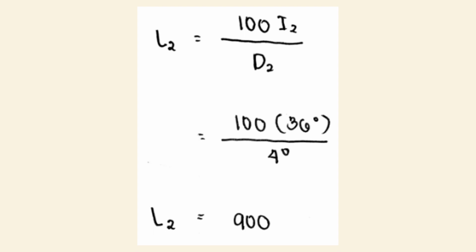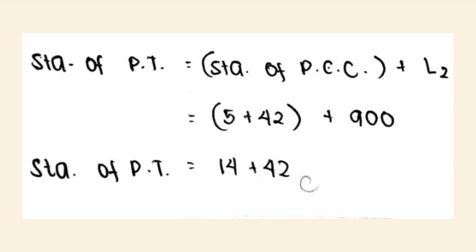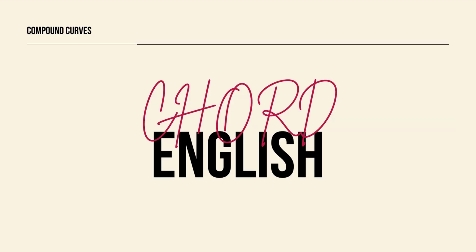Thus, our L sub 2 is now 900 feet. For the stationing of PT, it is simply stationing of PCC plus the value of L sub 2. So we have 5 and 42 plus 900 feet. The stationing of PT is 14 and 42.